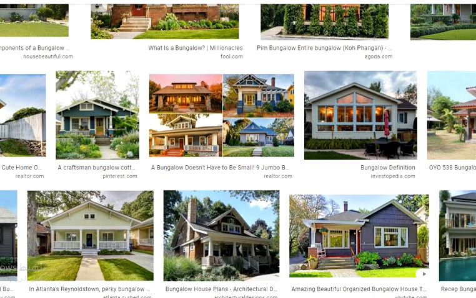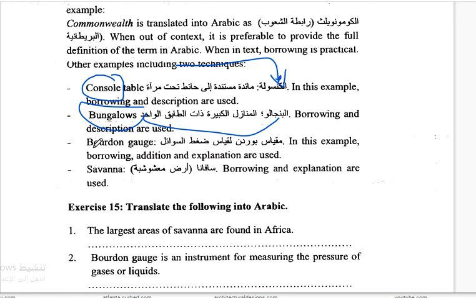So burden gauge مقياس بوردن لقياس ضغط السوائل. هنا بوردن نقلت نفس ما هي بوردن. سافانا كتير واحنا بالاعدادي في مادة الجغرافيا كان معنا سافانا، نقرأها سافانا as it is سافانا, which means أرض معشوشبة. So here borrowing plus explanation are used.